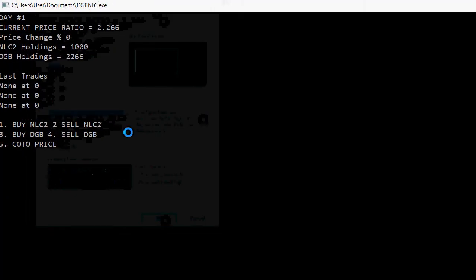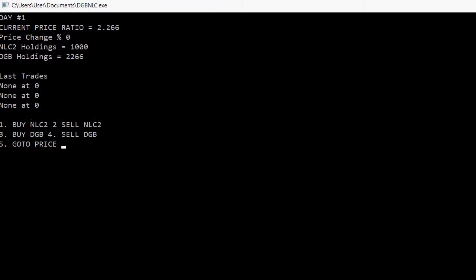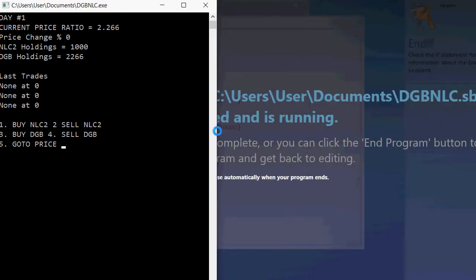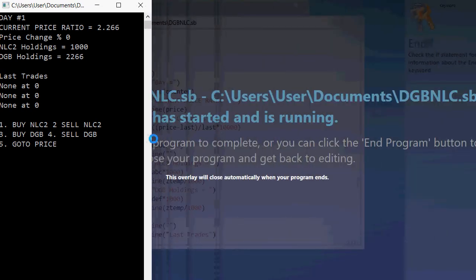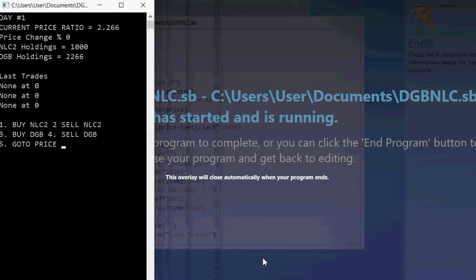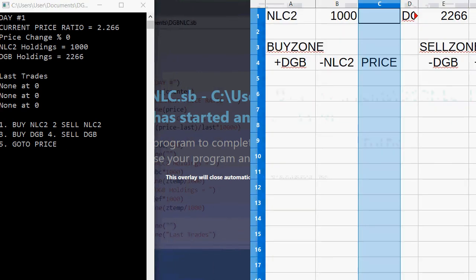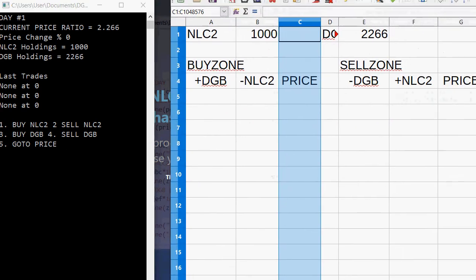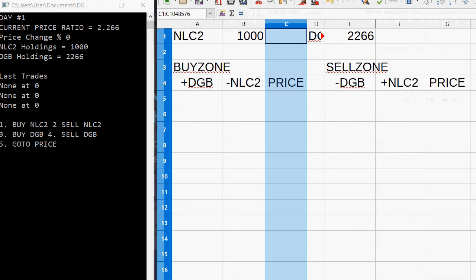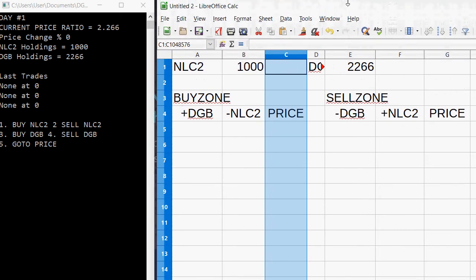Put this up in the corner, and let's also, well, first off, let's go like this and move it to a spot where we can put a spreadsheet. And I might want to even reduce its font, but for what it's worth, a spreadsheet is the whiter of the two screens.